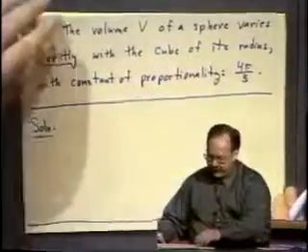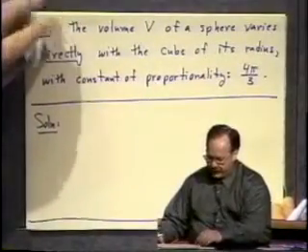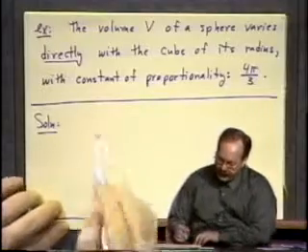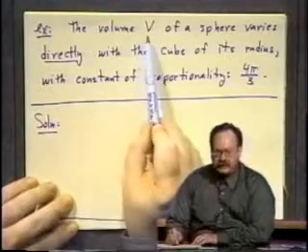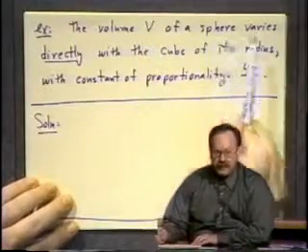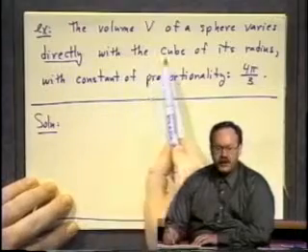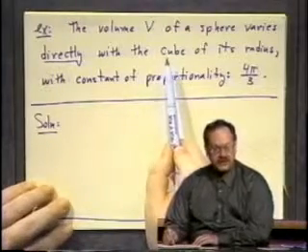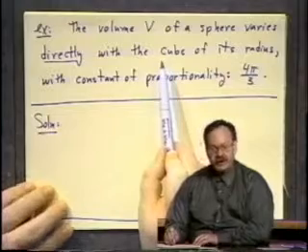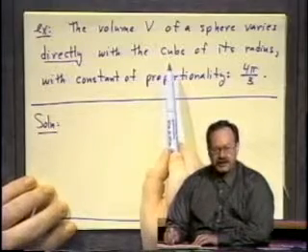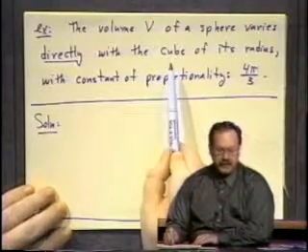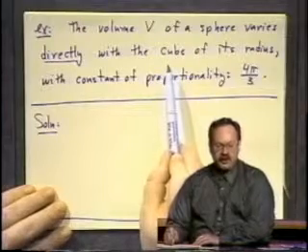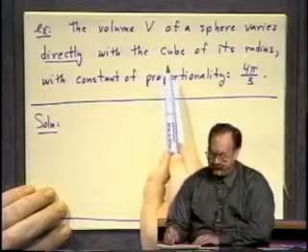Let's do a couple of examples here just to show you how one might work with these. Here's one I've written out for me, so I don't have to spend the time writing it for you. The volume V of a sphere varies directly with the cube of its radius. So it's not just the radius. This will often happen when you're talking about variation. Sometimes it won't be just the variable alone. It may be the cube or the second power or some other power of the variable.